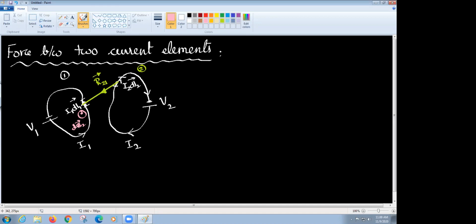Stretch your right hand palm, put your four fingers towards you and thumb along I1 dl1, and you can see the force on this. This is dF1. This dF1 is the force due to I2 dl2, and dB2 is the magnetic induction due to I2 dl2. So I can find dF1 is I1 dl1 cross dB2. Agree?